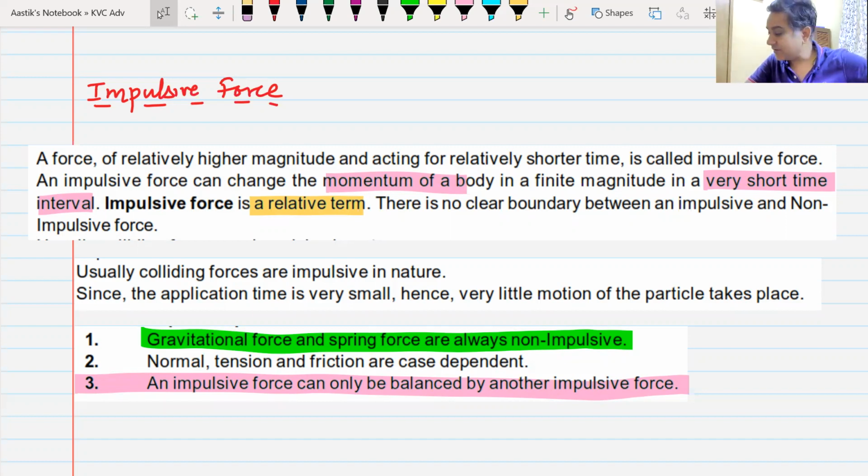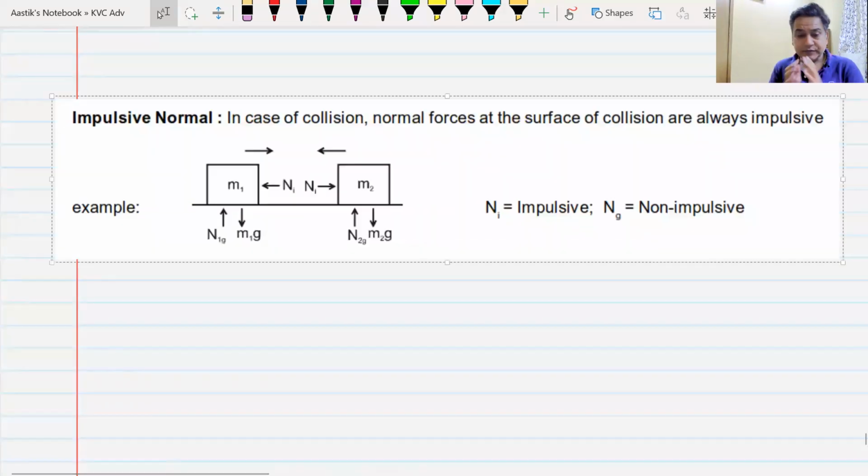I can show you some examples of forces when they are impulsive, and you will be able to understand when these forces are going to be impulsive and when they are not. As I said, some forces are dependent on the case.